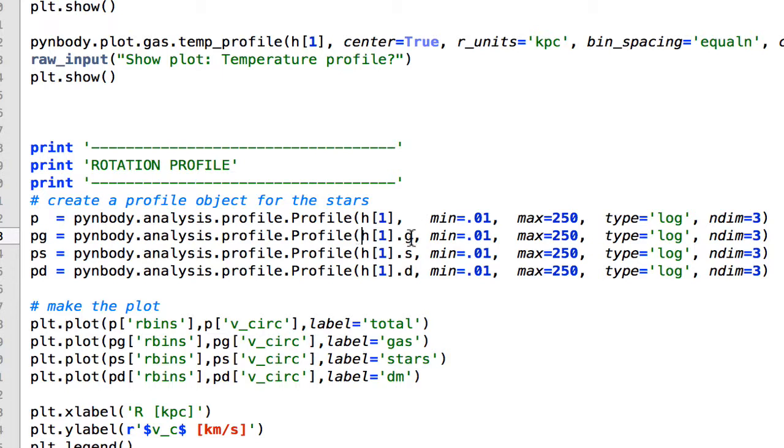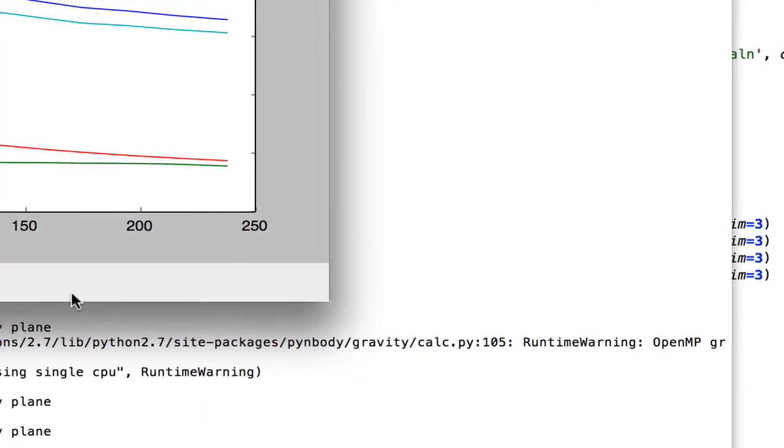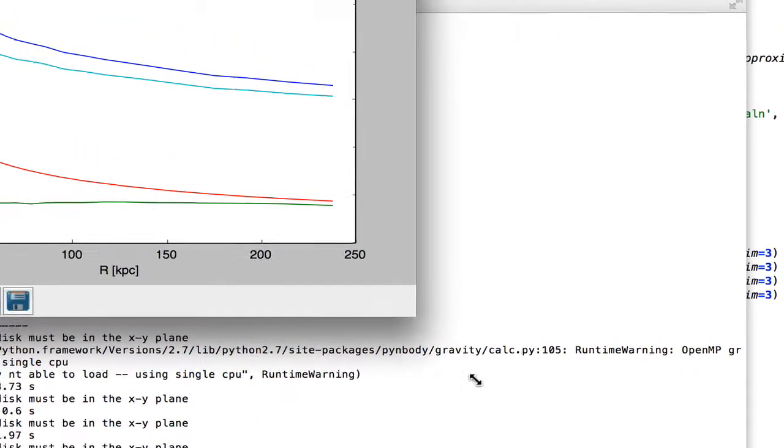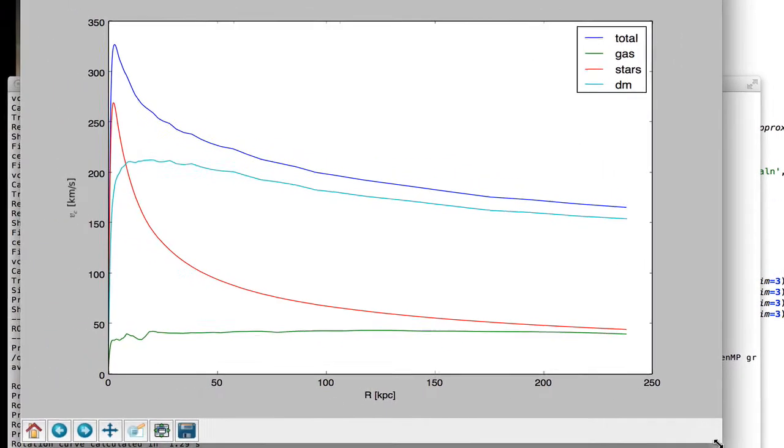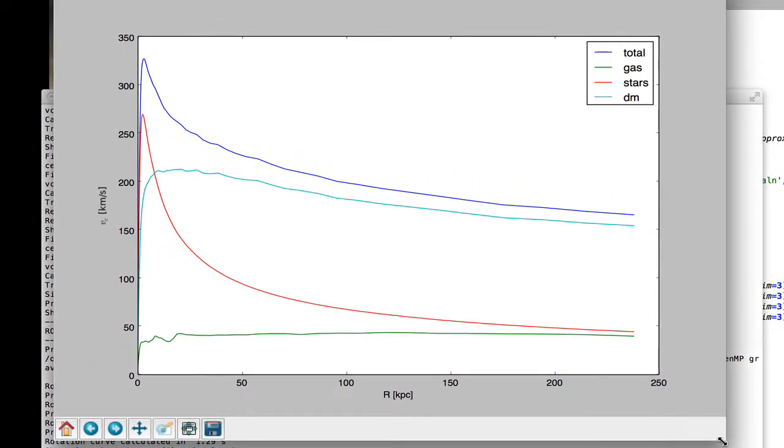And we do the same separately for just the gas, the stars, and the dark matter. And we can plot here the circular velocity of those, and this is what we get. Again, I'd be interested if some other classmates wanted to comment on this, on how realistic this looks.